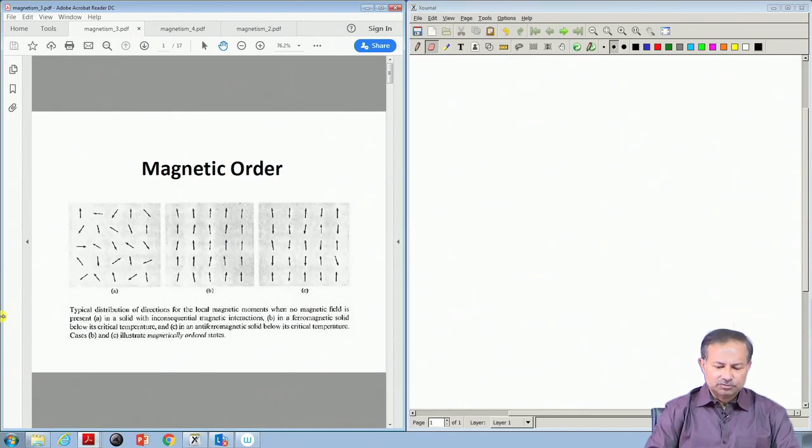And we found that there are two major kinds of response. One is a paramagnetic response, one is a diamagnetic response. The paramagnetic response is where the magnetic moments try to align with the field, whereas the diamagnetic response is where the magnetic moments try to misalign with the field, or if there is no moment in the atom, then the electron orbits react, as in Lenz's law, against the magnetic field and develop a magnetic response.